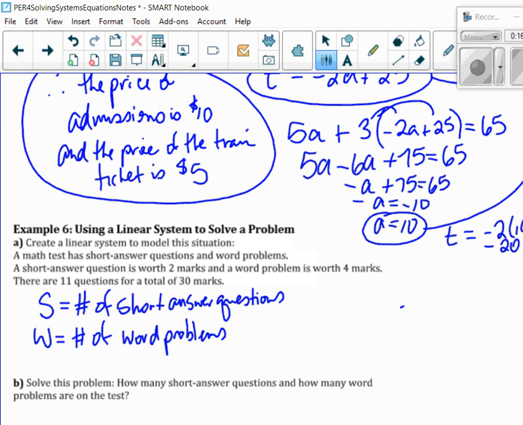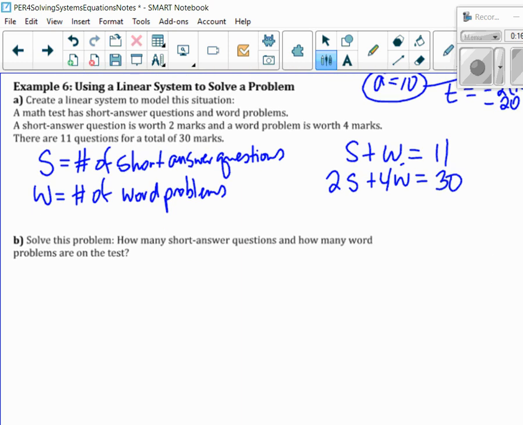That's probably your solved one. So try again. Oh, just S plus W. Yes, S plus W equals 11. Jackson, do you have the second one? 2S plus 4W equals 30. Very good. Did everybody get that as their equations? Okay, you guys are doing pretty good, because usually the hardest thing is coming up with the equations. It's not the solving part of it.